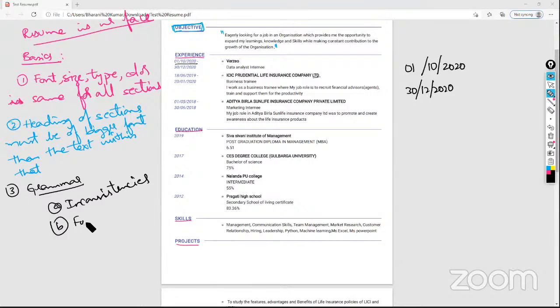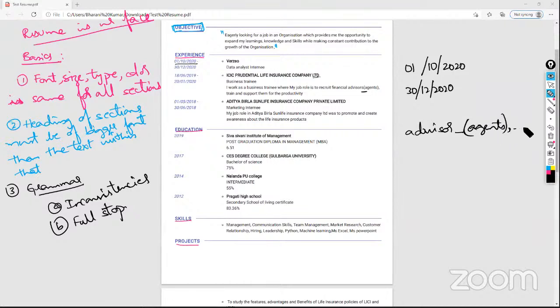Second, full stops should be taken care of. It might sound as if this is an English section, but yes, it is. Whenever you have brackets, for example after advisors, you give a space and then open the bracket, and within the bracket, don't give a space again, just close it.